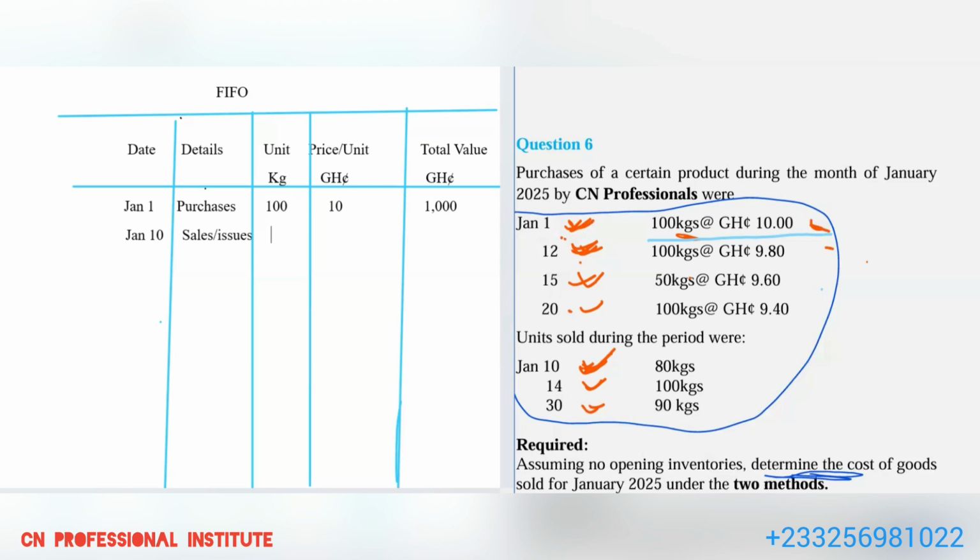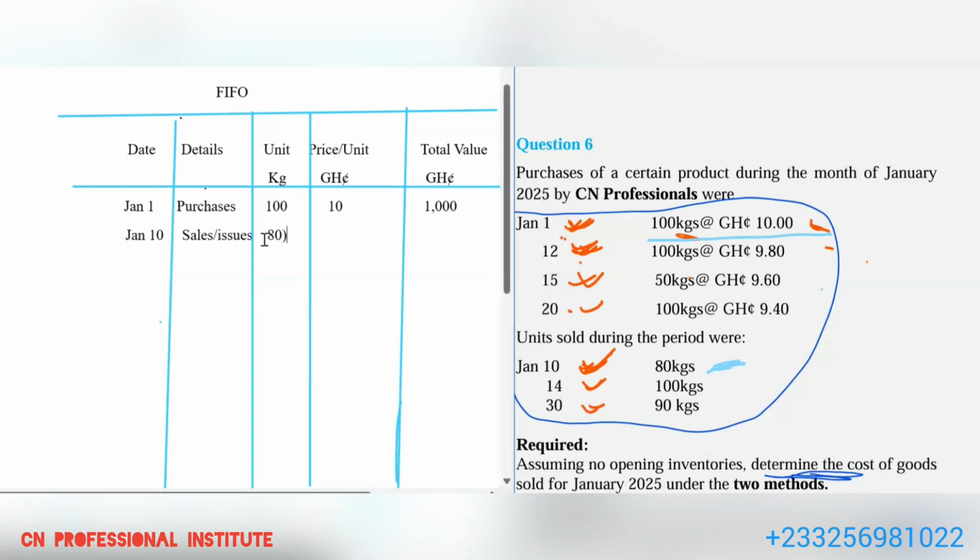So let's continue. Issue, we are selling. How many units did we sell? On January 10, we sold 80 units. Let me put this in brackets to show that we are deducting.